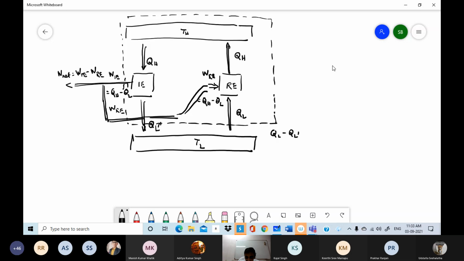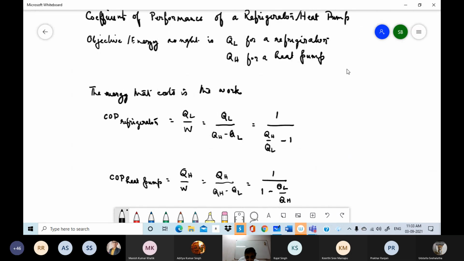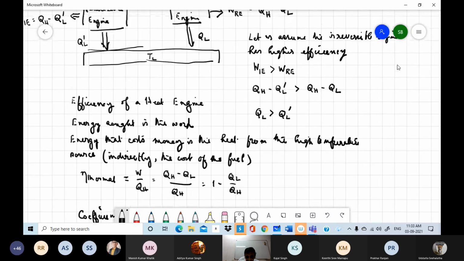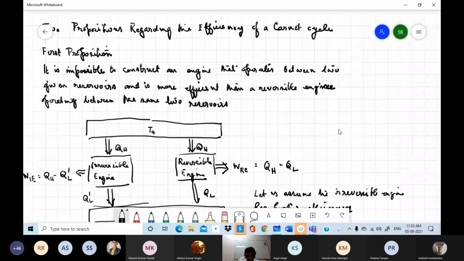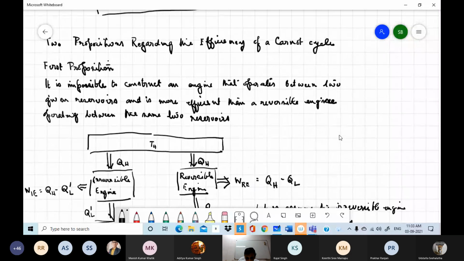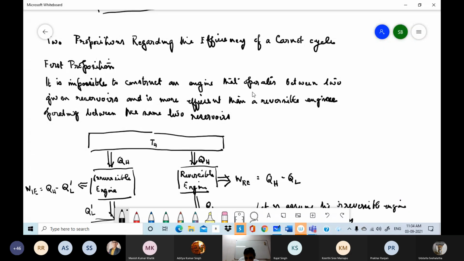So therefore, the first proposition must be true, that if you have two reservoirs and you know the efficiency of a reversible engine operating between them, any other cycle cannot have an efficiency which is higher than that.